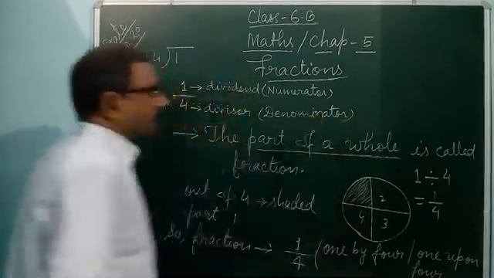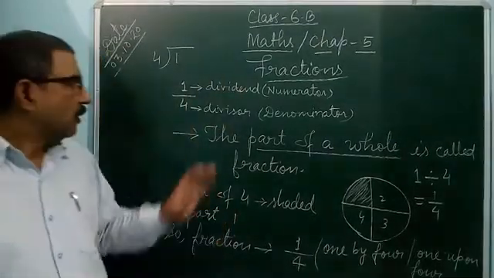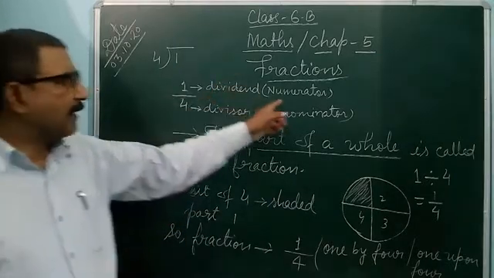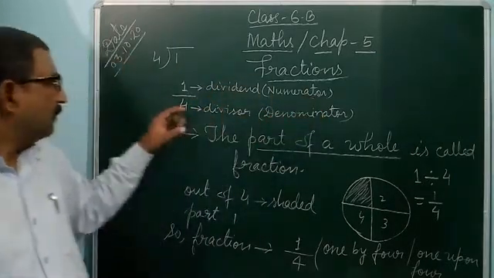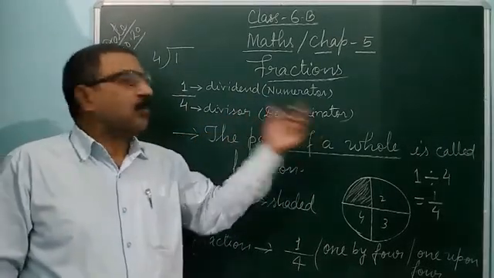In class 5th also you have studied the numerator and denominator of the fraction. So the upper part is called the dividend, and that dividend is known as the numerator. And the lower part is called the divisor, and it is known as the denominator.